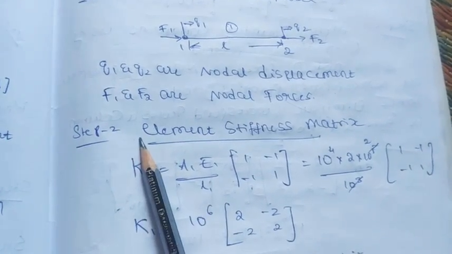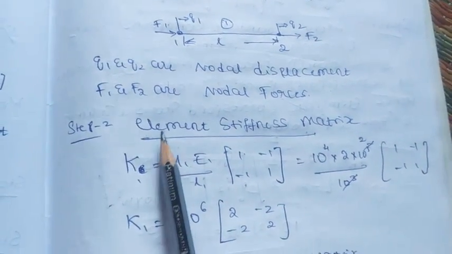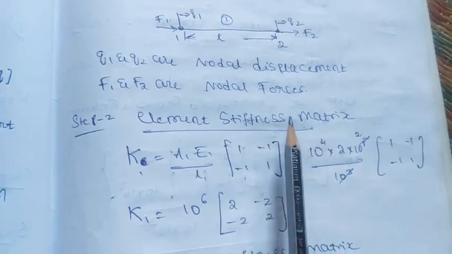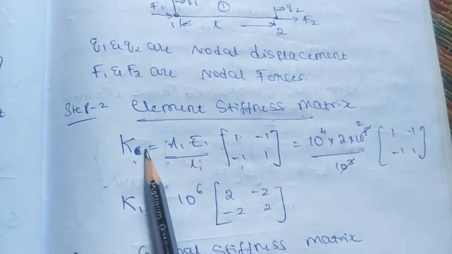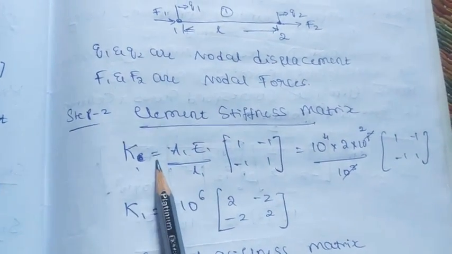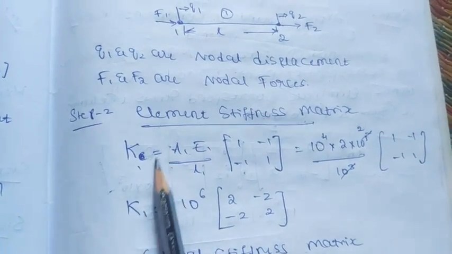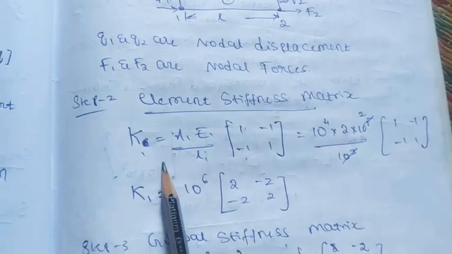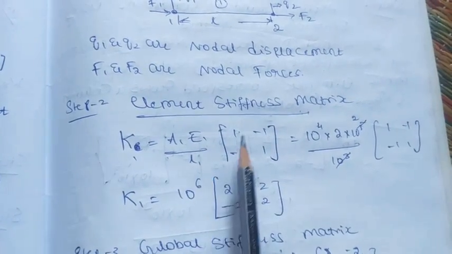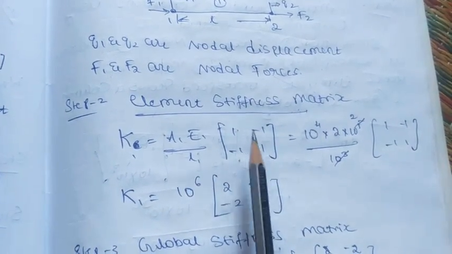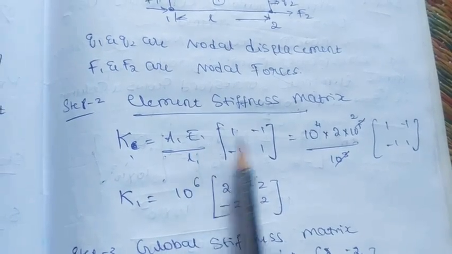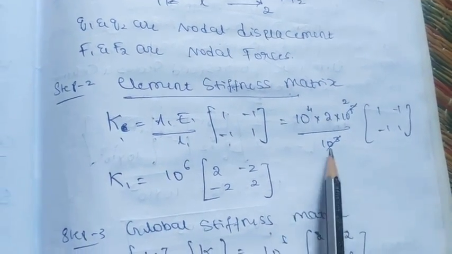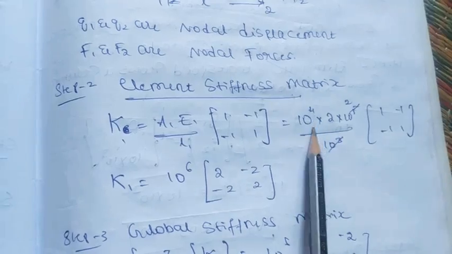Step number 2 is we have to find the element stiffness matrix. Here there is one element, therefore we have to find one element stiffness matrix. For two elements it would be two. It's only K1. K1 is A1 E1 by L1 times the matrix [1 -1; -1 1]. Where you substitute the values of A1, E1, L1, then simplify it.